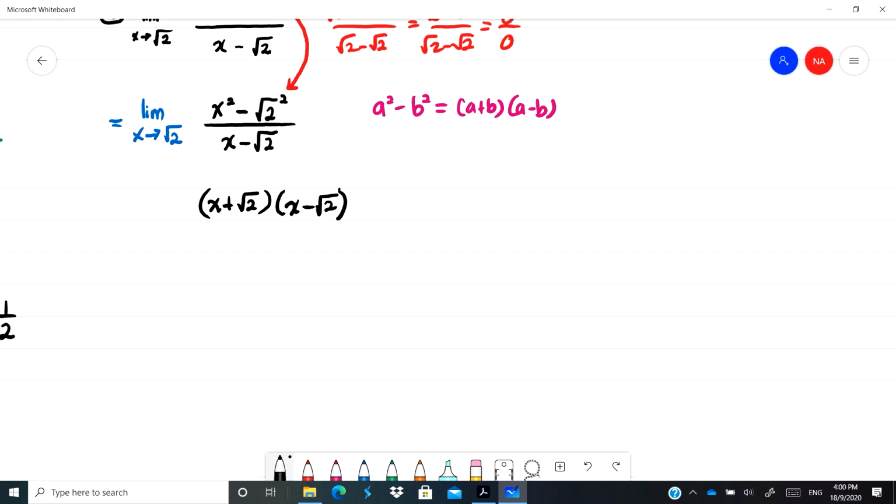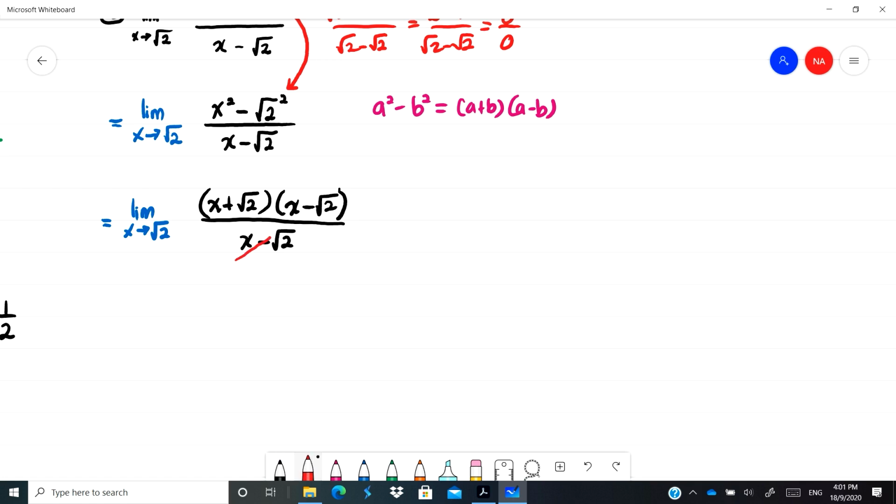Now you still have this limit as x approaching square root 2, and the denominator still has x minus square root 2. So you can cancel the same term here.